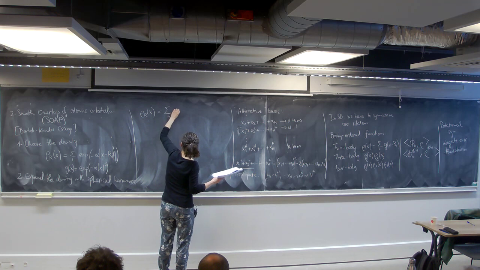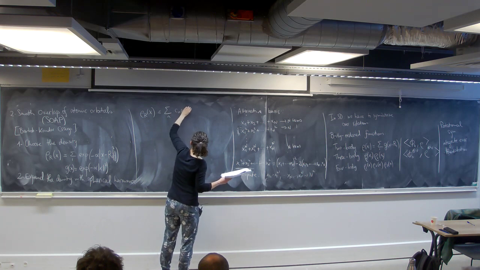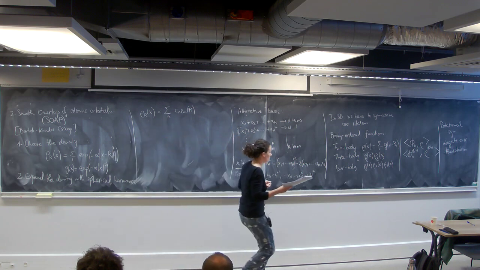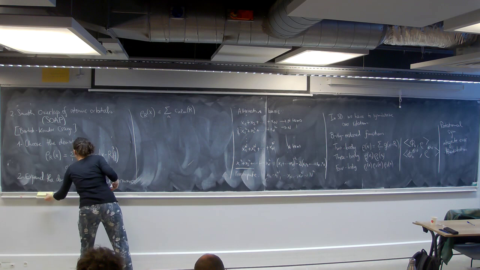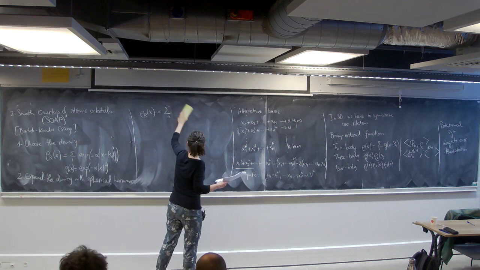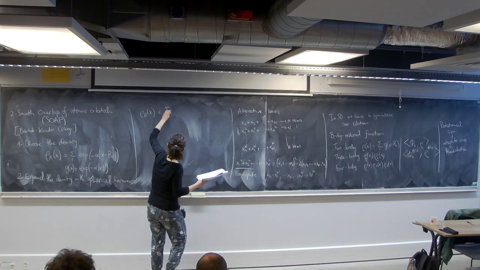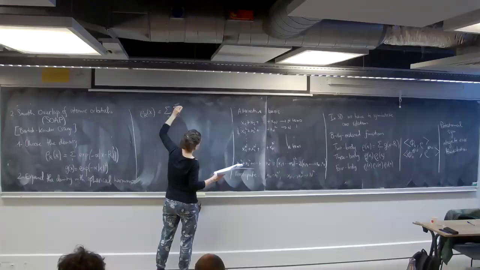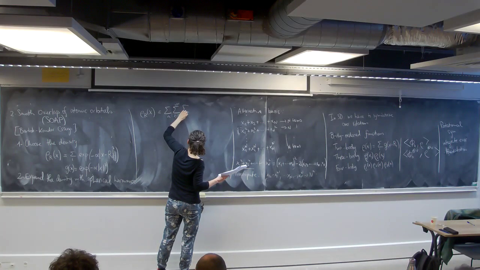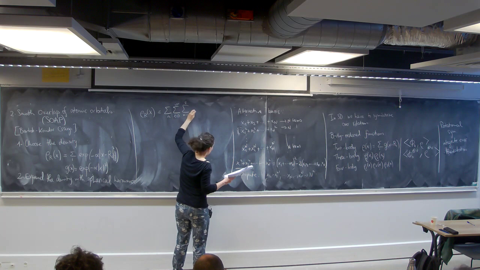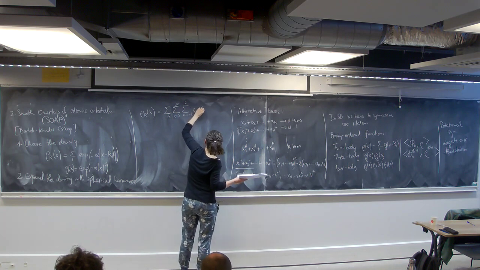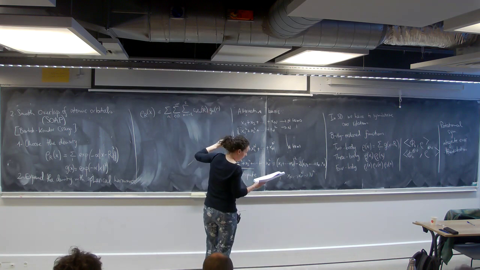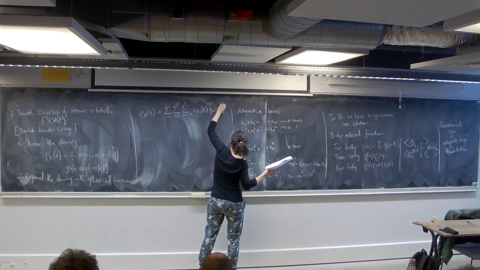They expand this density as a sum over n, the index for the radial basis, and then a sum from L equals 0 to infinity, then m from minus L to L, of C n L m, g n of small r, Y L m of r hat.